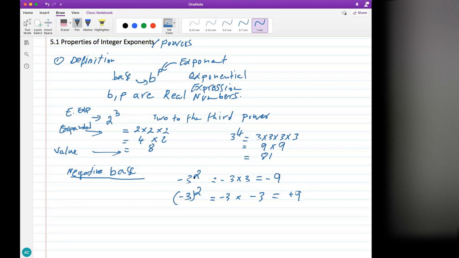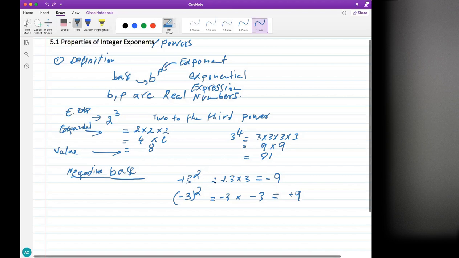If you don't have the parentheses, only what's directly under the power is the base. So the base here is 3, not negative, because the negative is by itself. You write it first. Think of it as a negative 1 if you want. So it's negative 1 times 3 to the second. You multiply these. Negative 1 times 9 is negative 9.